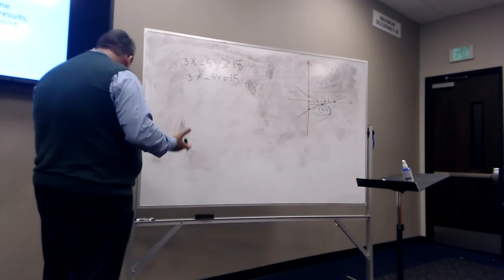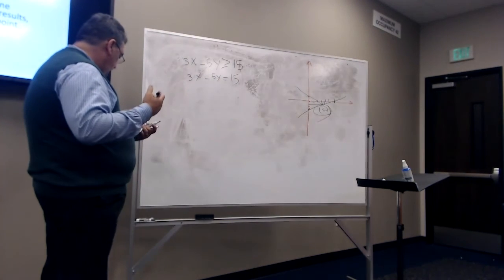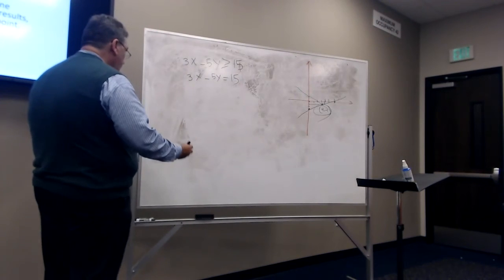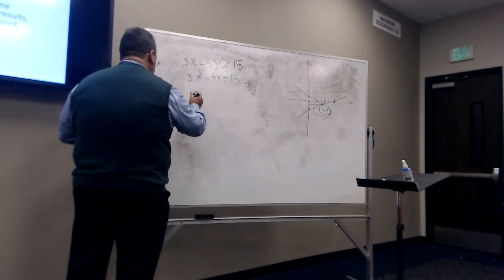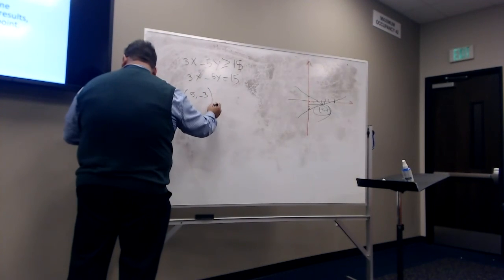Then, again, you solve this, you find the x-intercept, you find the y-intercept, you find the numbers 5 and minus 3. Okay?